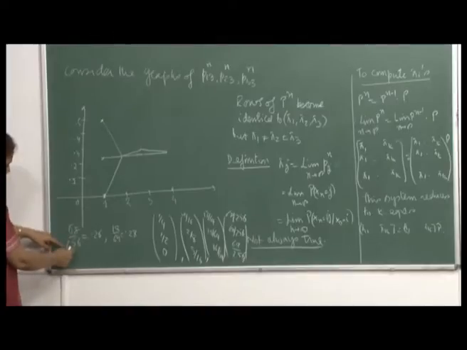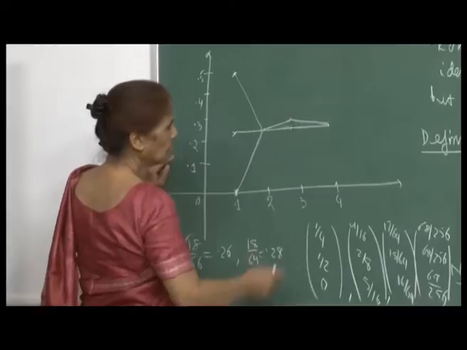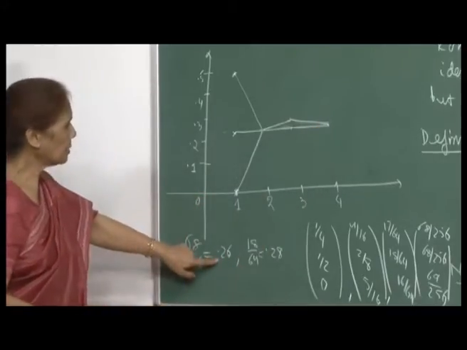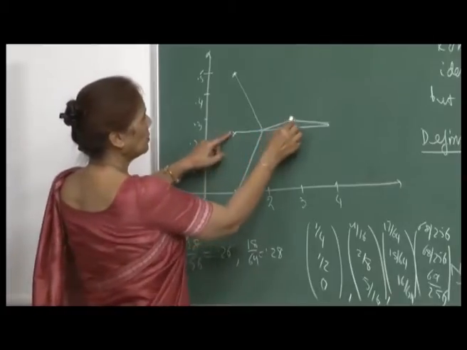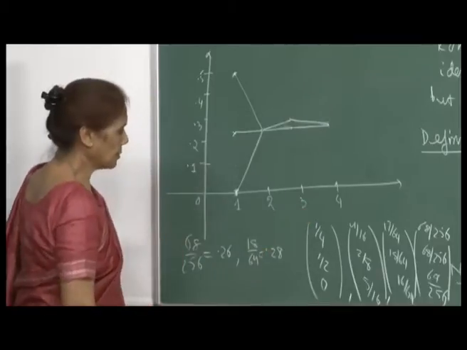Now, 68 upon 256 is 0.26. So, this is the graph for P13 as it goes to different periods, the transition probabilities.